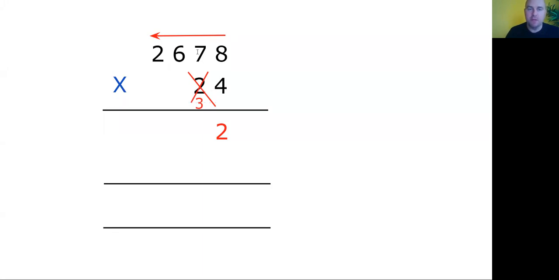4 times 7, 7 times 4, yep, we know that, 28, but we need to add on that 3. 28 add 3, 29, 30, 31, so we're on 31. Now I'm going to put that in that column, again lining up is so important, and then I'm going to carry the 3 over to the next column, and again put it above the line.